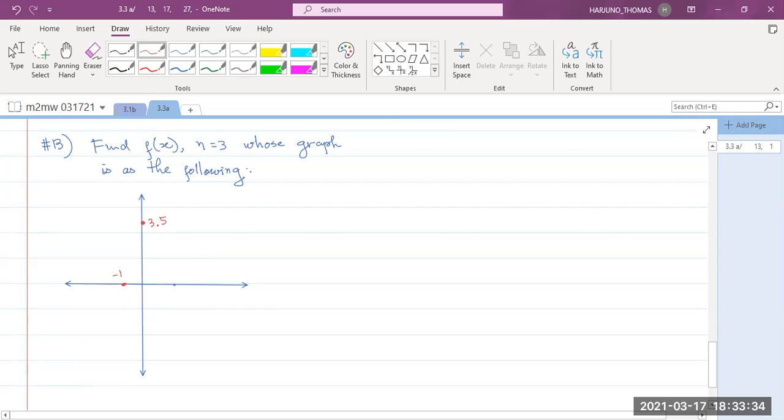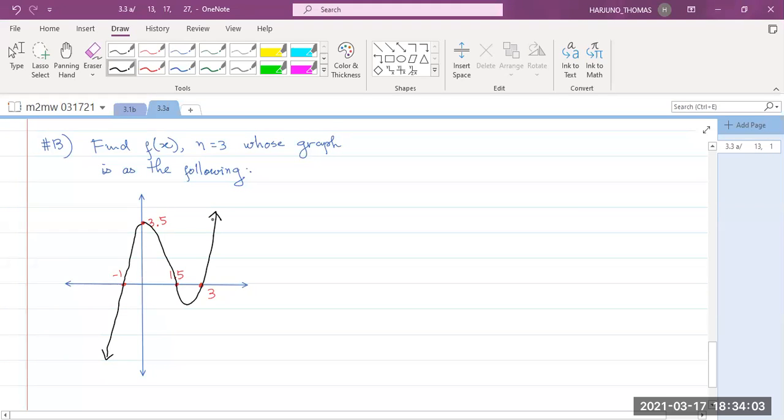Another x-intercept is (1.5, 0), and another one is (3, 0). The graph looks like this. That's what the graph looks like.